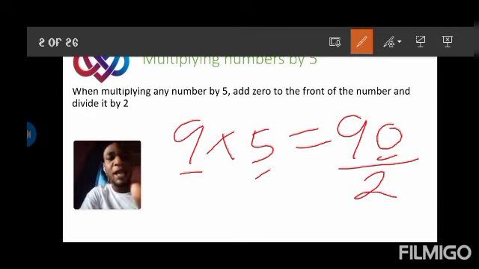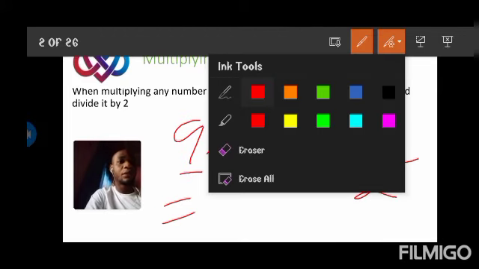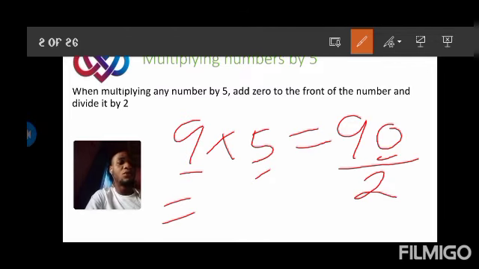So when multiplying a number by 5, adding 0 just means you multiplied it by 10 and then you divide it by 2, since 5 is half of 10. Let's divide 90 by 2. 2 in 9 is 4, remainder 1.